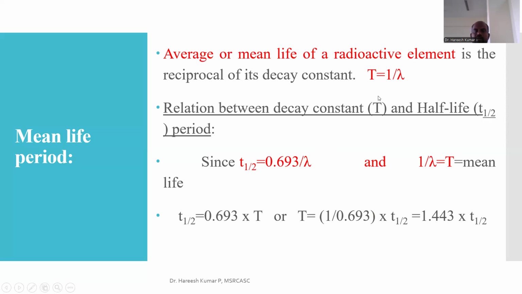That is, the average or mean life of a radioactive element is represented by T, that is nothing but 1 upon the decay constant called lambda.